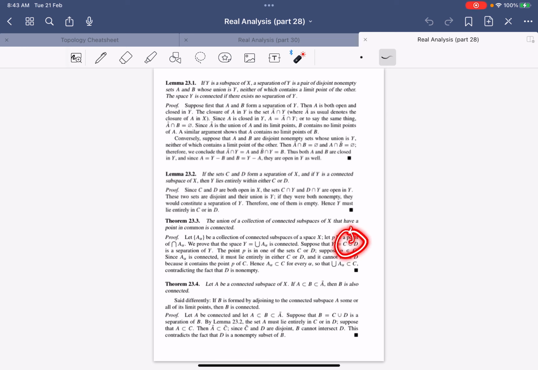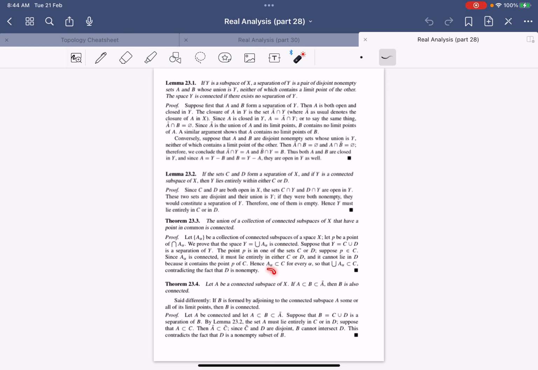So suppose that Y has a separation, then P, being a point in common, can either lie in C or D. So let's say P is an element of C, and since A alpha is connected, it must lie within C or D. So it cannot lie in D, because it contains a point P of C, and because C and D are disjoint, it must lie entirely in one of these.